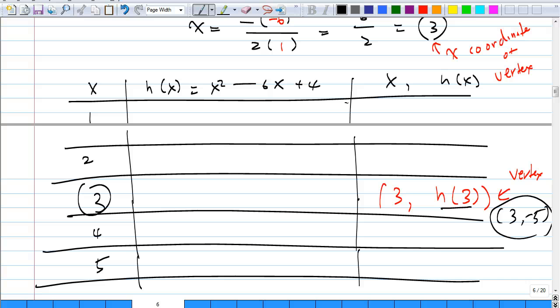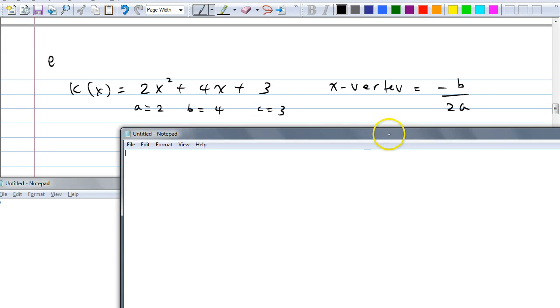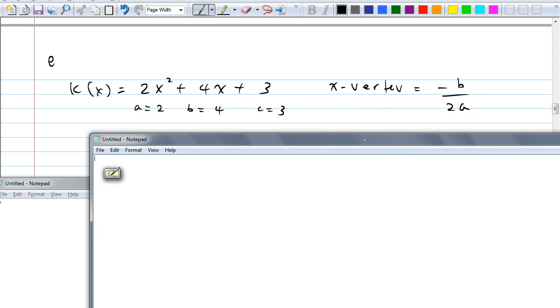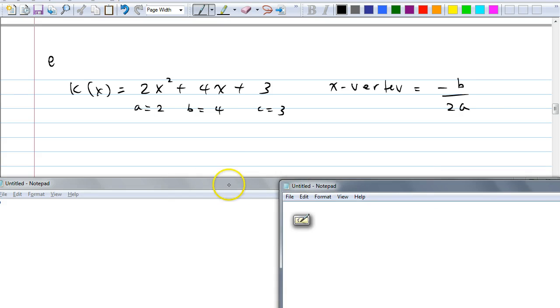Yes? So, what we want to do in the homework is put 2 x's. Okay, so let's do one example. Let's say I have this equation, right? Your a is 2, b is 4, c is 3. Okay, go ahead. Everybody find the x-coordinate of the vertex. See what you get. It's easy to see that the x-coordinate of the vertex will be what, guys?